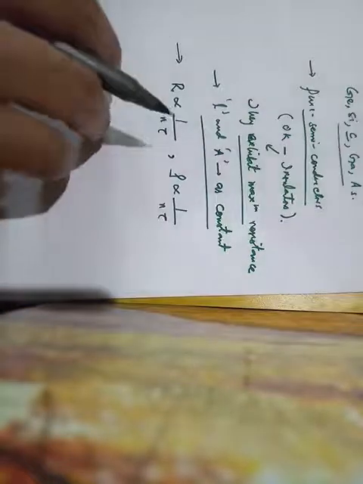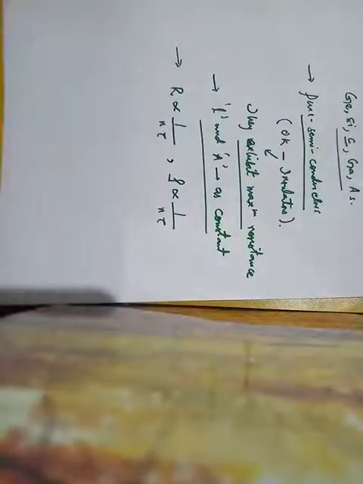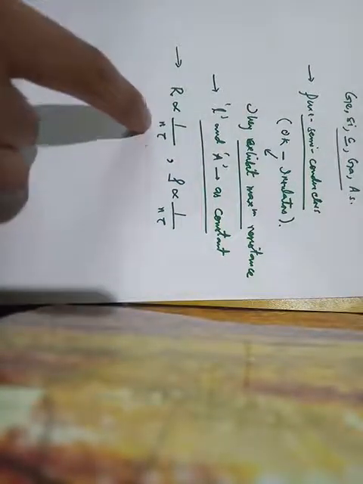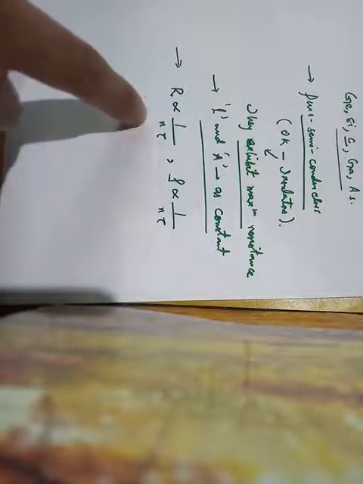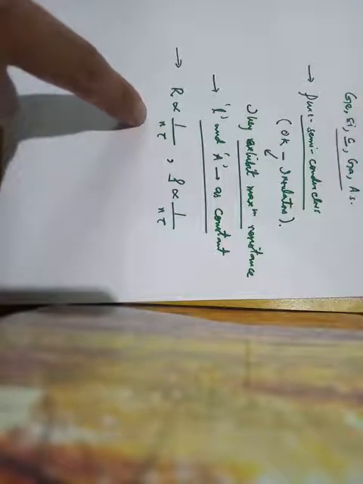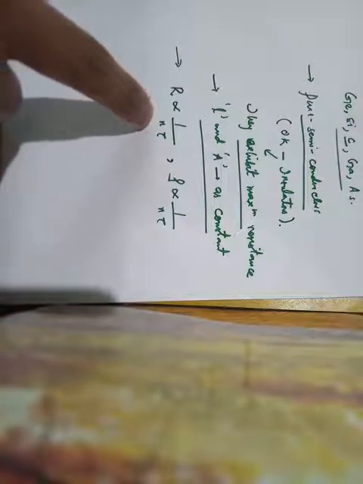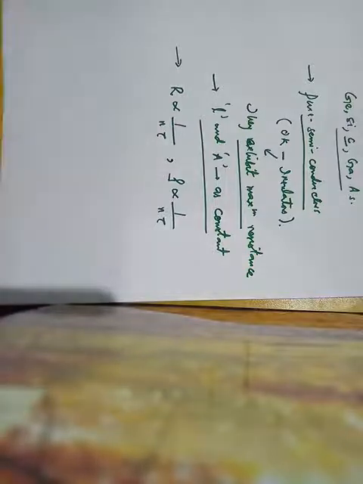N is the number density of free electrons, the number of free electrons available per meter cube. And while talking about metals at normally room temperature, there are 10 raised to power 29 free electrons available.